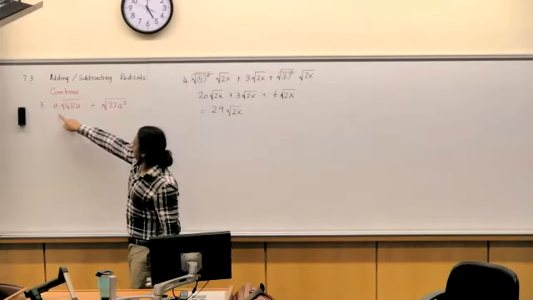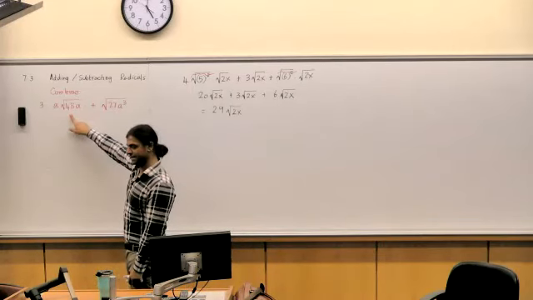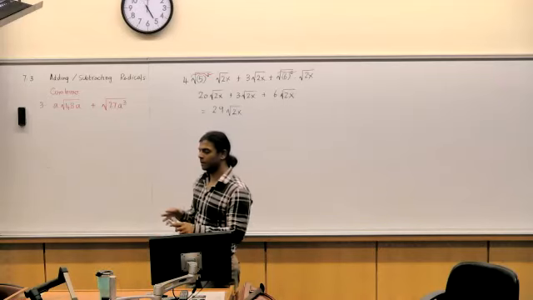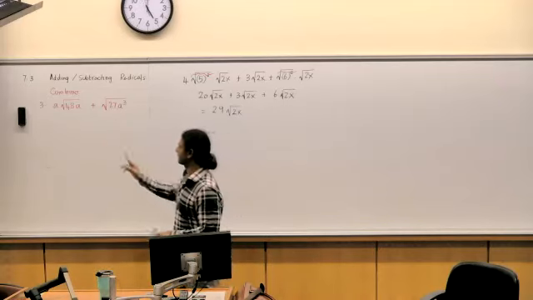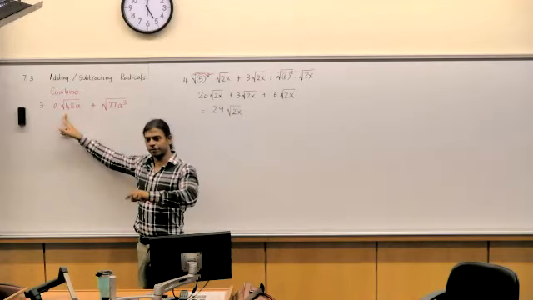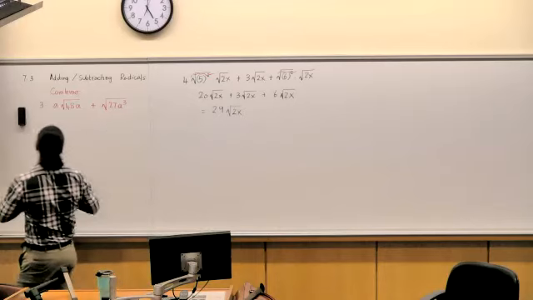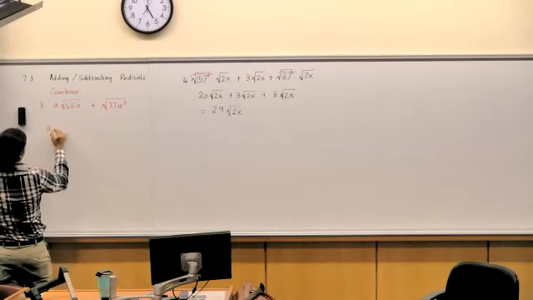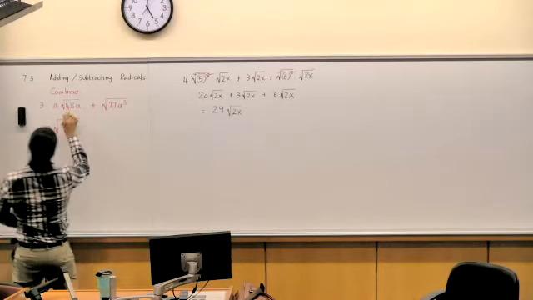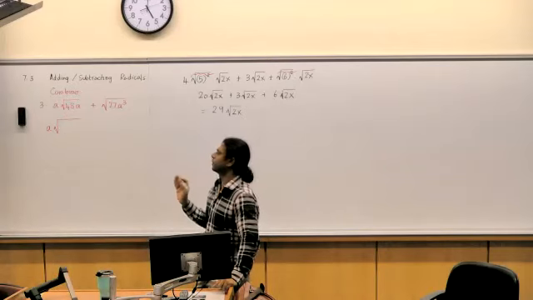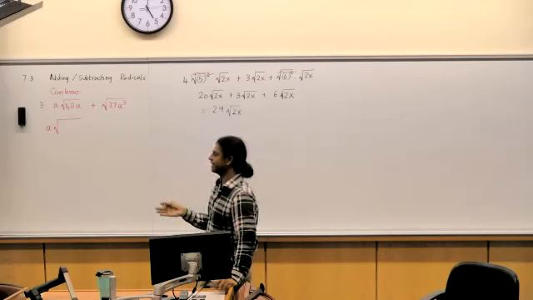So root 48a plus root 27a cubed. So first thing to do, since we see roots, we want to write it in terms of perfect squares. I want to split 48 in terms of a perfect square and a number.